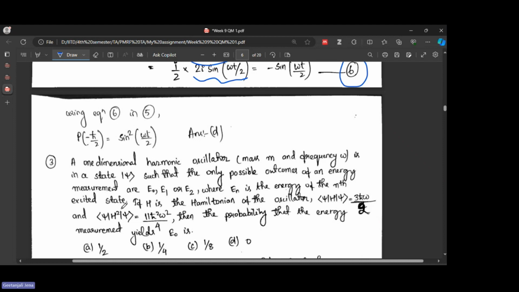So let me read out the question for you. So the question is like this. A one-dimensional harmonic oscillator of mass m and frequency omega is in a state psi.